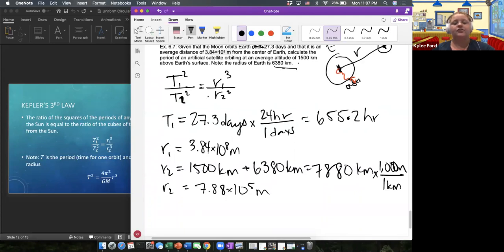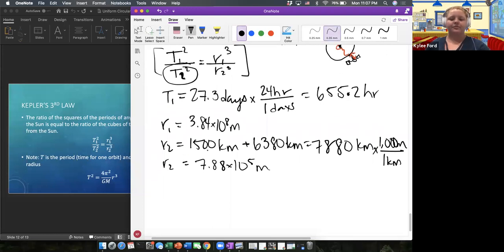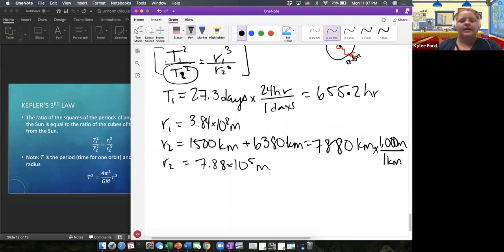All right, so now I can use this equation here to determine that second period value. I'm going to go ahead and scroll a little bit, take that equation and do a bit of algebra.